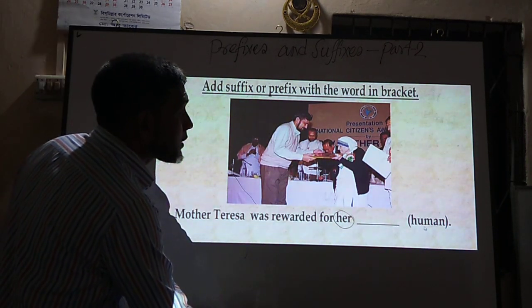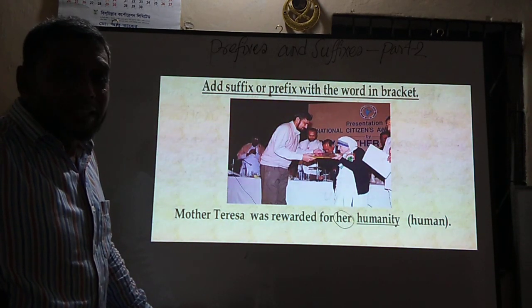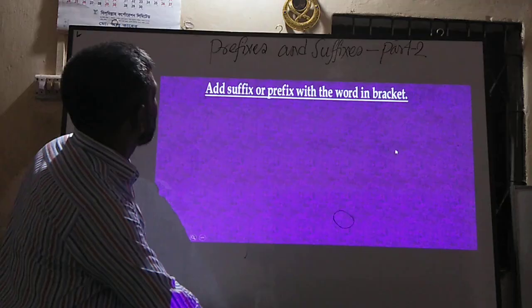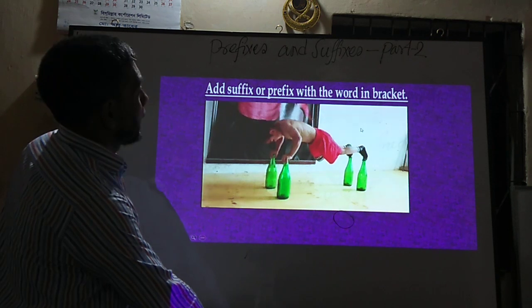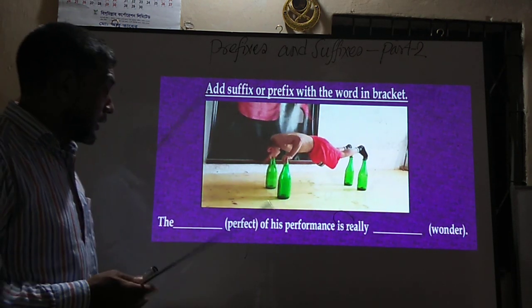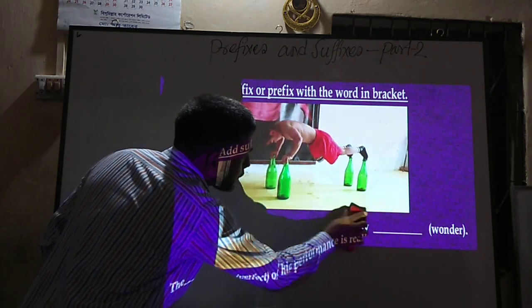So I will change the word into the noun humanity. So again in this way we can just, if you see a sentence here, the two words here, I have to remove it.